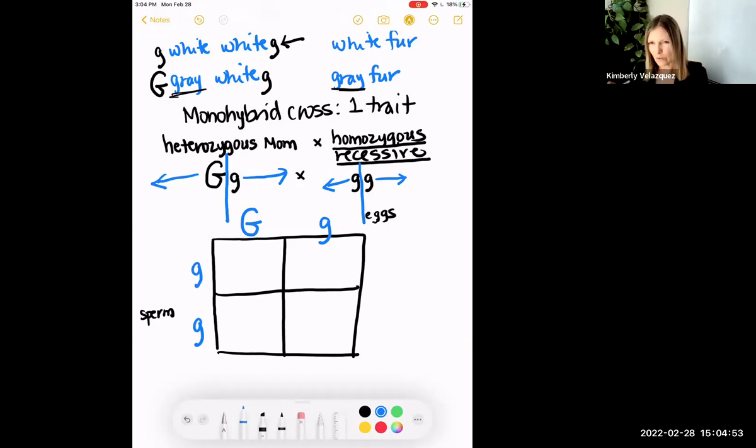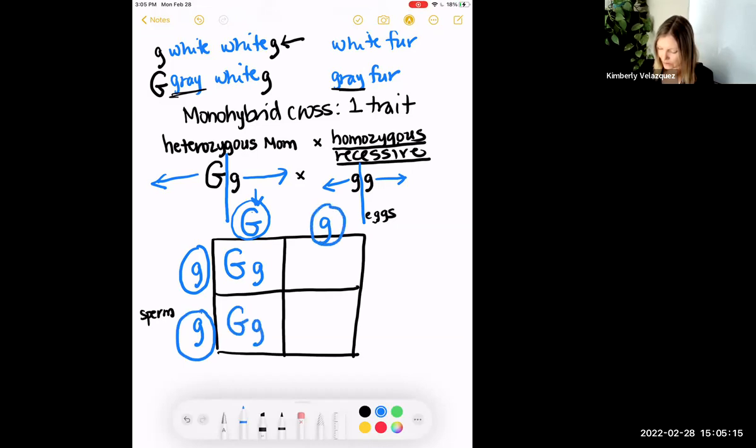Now what happens in these squares are all of the fertilizations. This egg comes together with this sperm, and that gives us big G, little g for this offspring. Then this big G crosses with this little g.